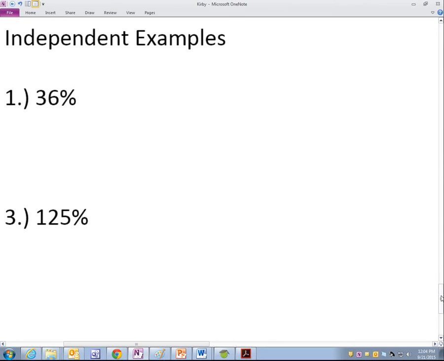Independent examples. For 36%, the first thing it tells us to do is move the decimal place over: 0.36. So we have 36 hundredths, which is equal to, we're going to reduce.